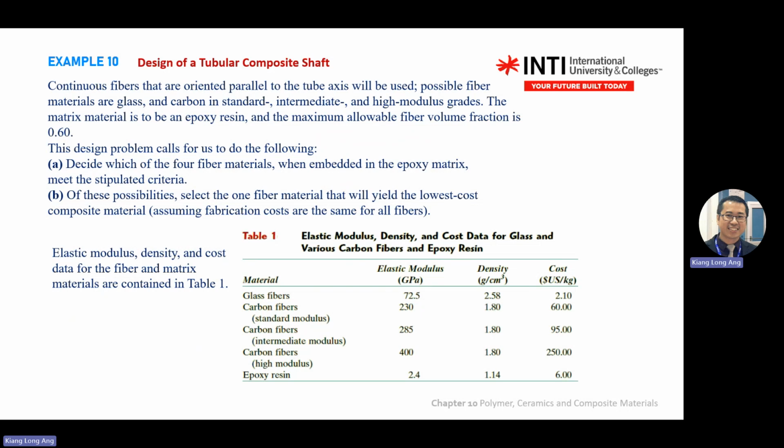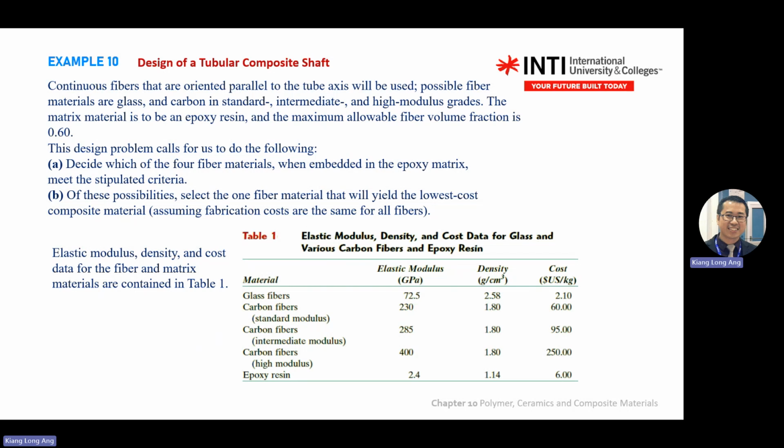So you need to do the following: decide which fiber material, among the 4 given here, when embedded in epoxy matrix, meets the criteria. So the resin is this one. You have 4 types of carbon fiber. You need to choose which combination gives you the best or meets the criteria.